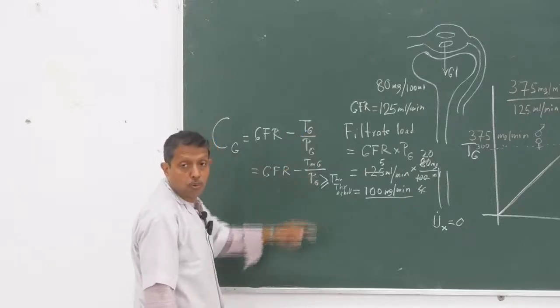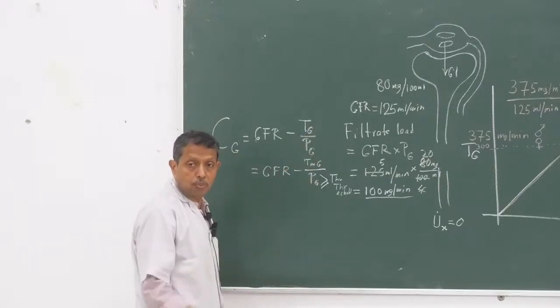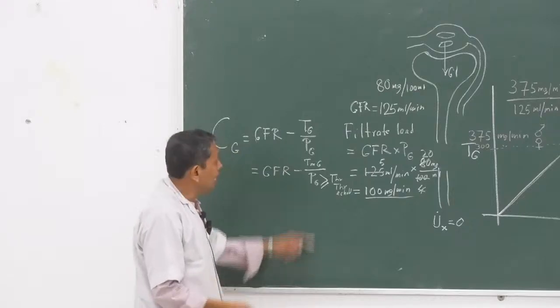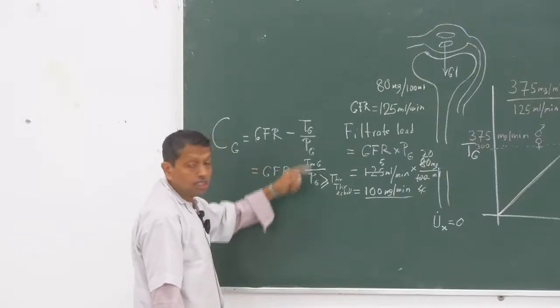Normally there is no transport, all is reabsorbed. In that case the clearance of glucose is 0.